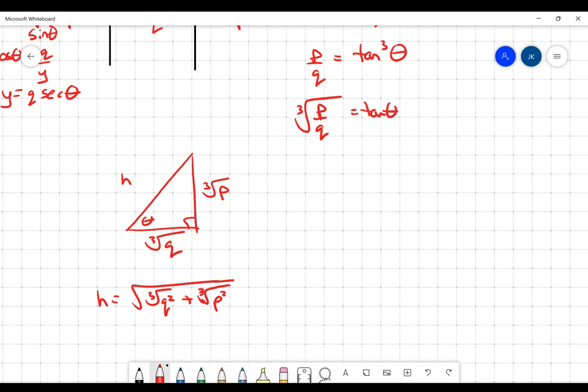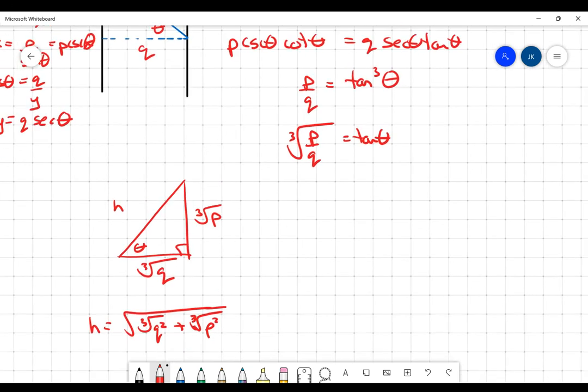So now that I've got that, I can go back and I know that z is supposed to equal p cosecant theta plus q secant theta. Well, that's going to be p times cosecant, which is the square root of the cube root. And actually, I'm just going to write this as a fractional exponent.